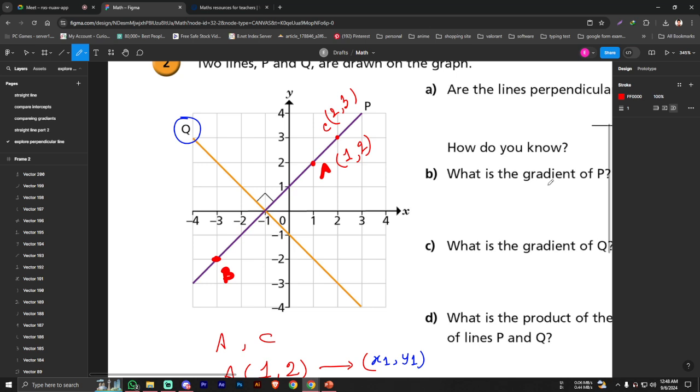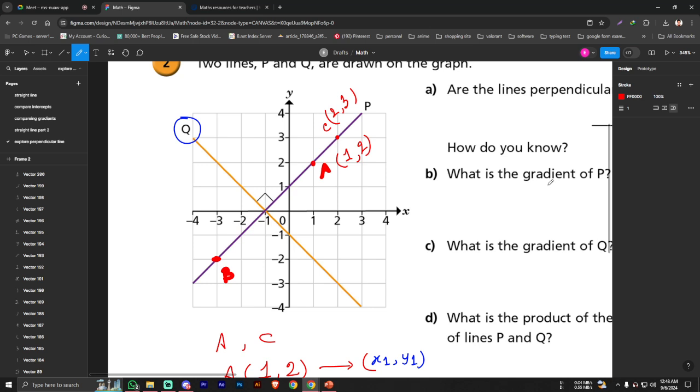Okay, so Q. What's the gradient of Q? Q is negative 2, negative 3. Negative 3, 2.